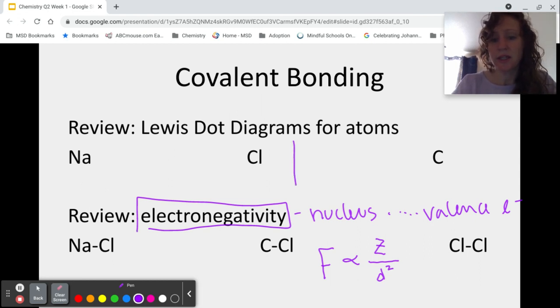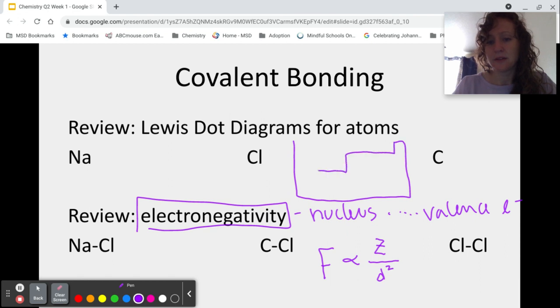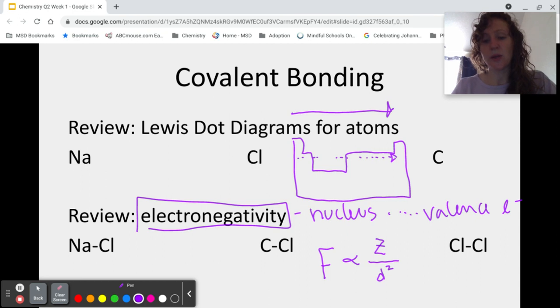So if we look at a periodic table again, as we go left to right in a row on a periodic table, we can take the second row, for example. As we go from the left to the right, the nuclear charge is going to increase. Lithium has 3 protons, beryllium has 4, boron has 5, carbon has 6, and so on and so forth.